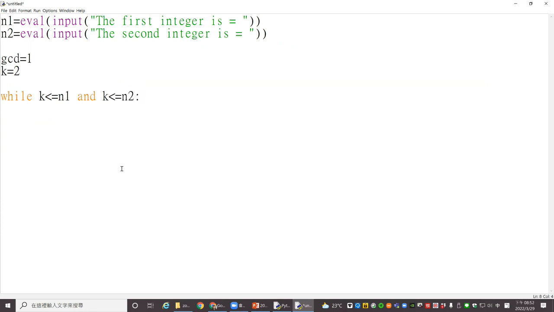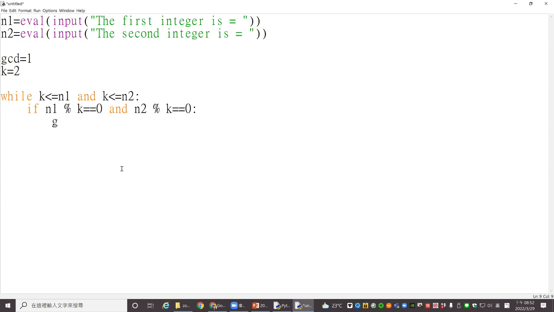And we will check if n1 divided by k has remainder 0, and also n2 divided by k also has remainder 0.